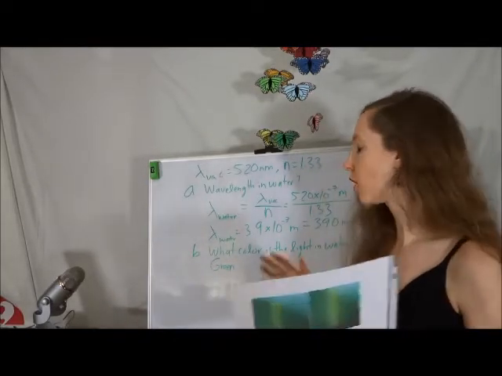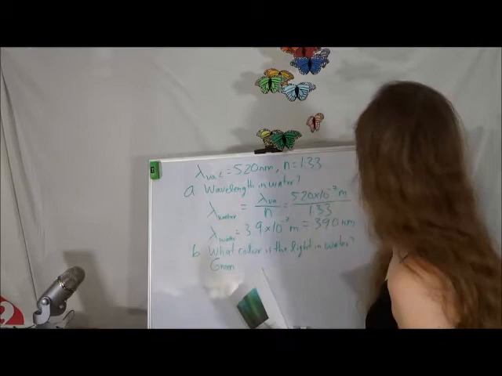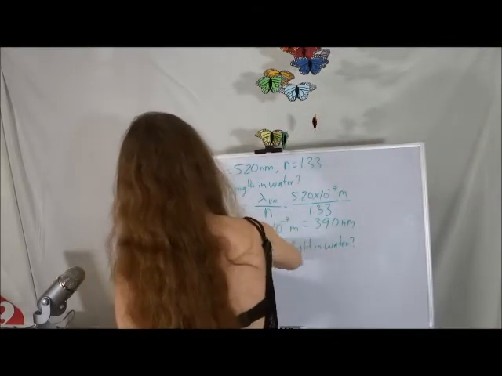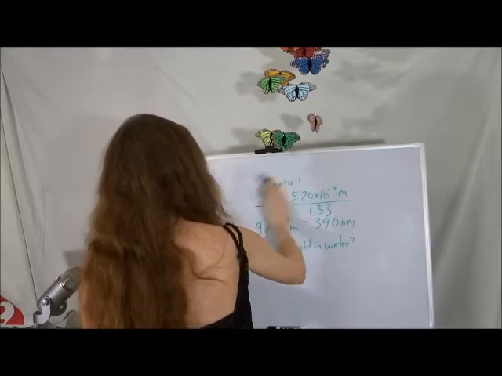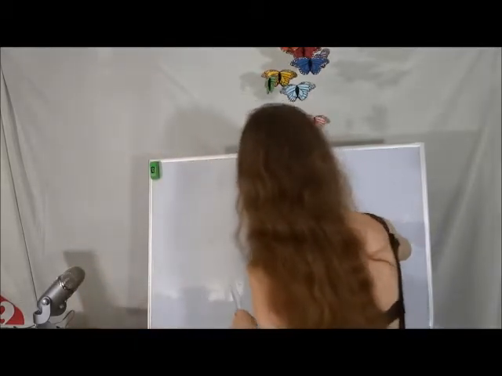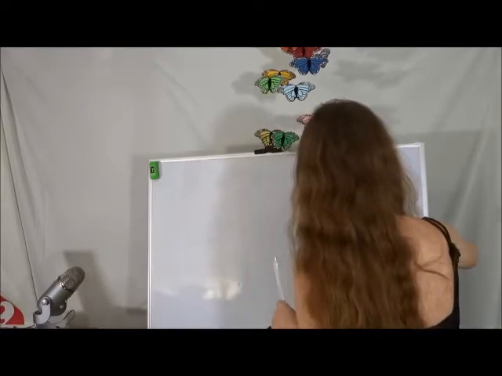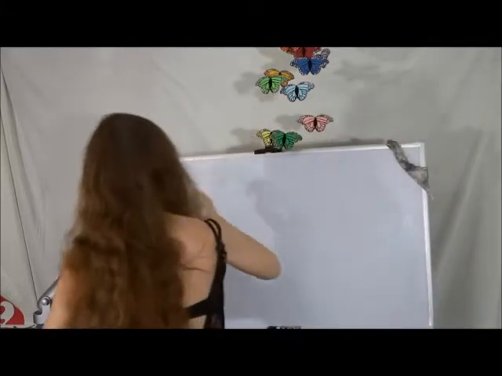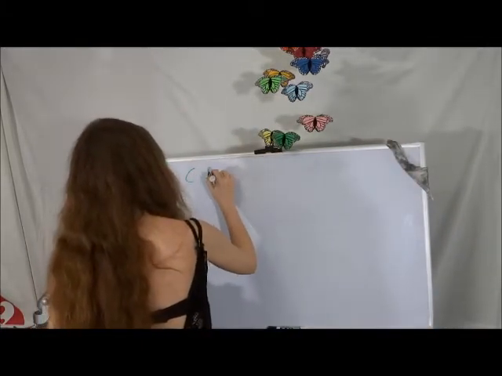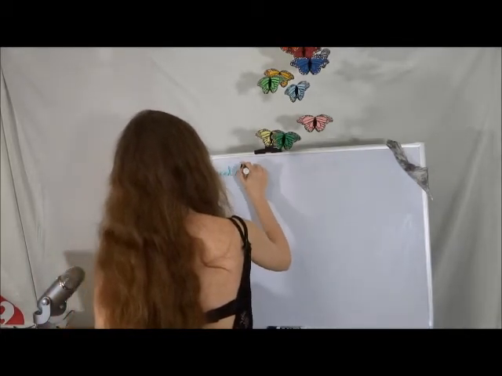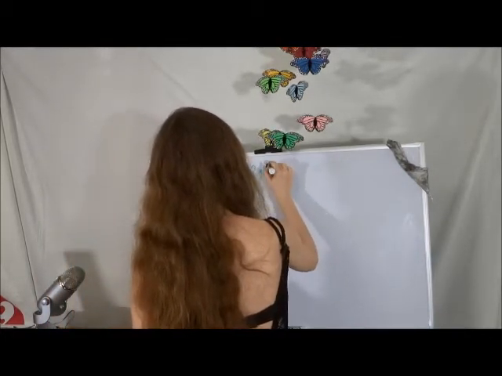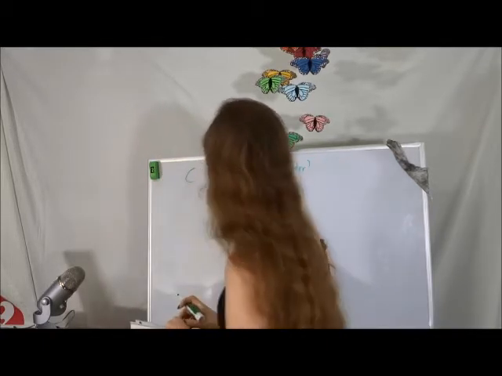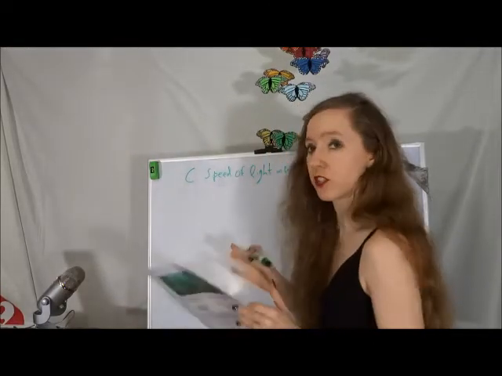All right, well, we may also want to know what speed our light is traveling at now that it's in water. So that's going to be the last part of this question. Well, to figure out the speed, we're going to go back to our index of refraction equation.